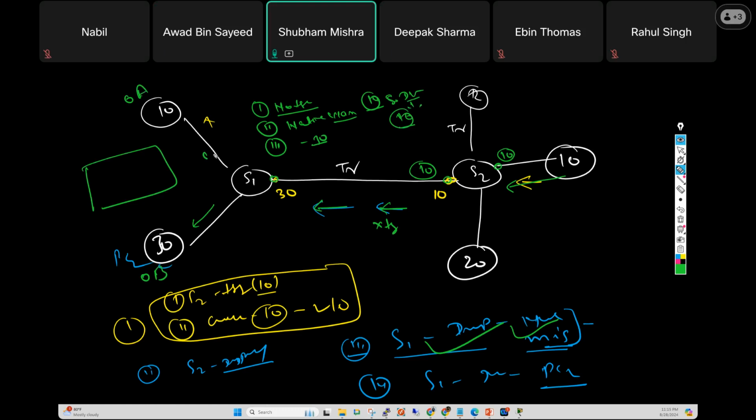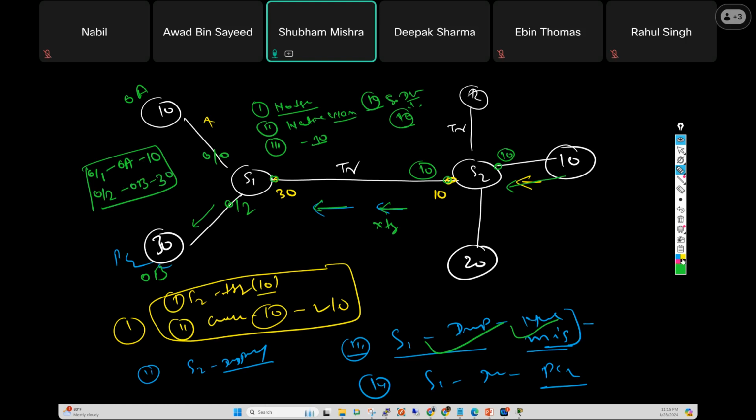The interfaces are 0/1 and 0/2. On 0/1, the MAC address is 0A and this is part of VLAN number 10. On 0/2, the MAC address is 0B and this is part of VLAN number 30. Yes or no?